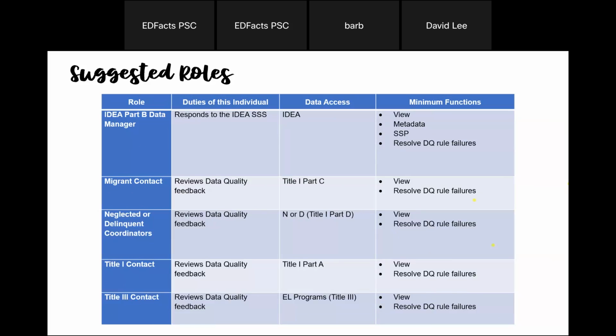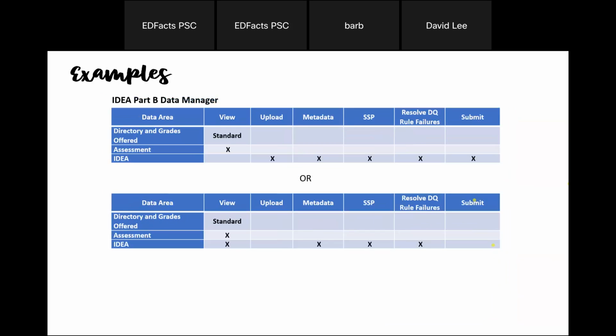So these are just baselines. They could look totally different in your state and from one state to another. I'm not seeing any questions yet, so I'm going to continue on.